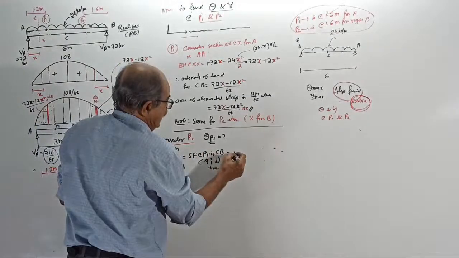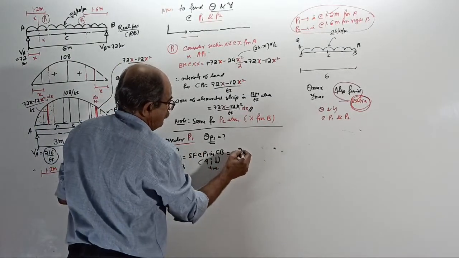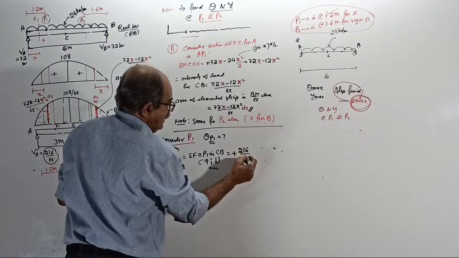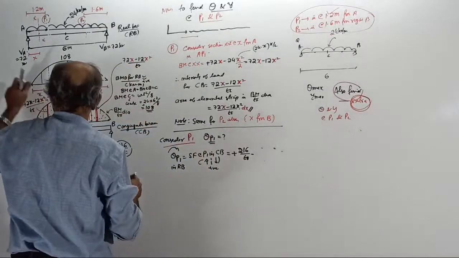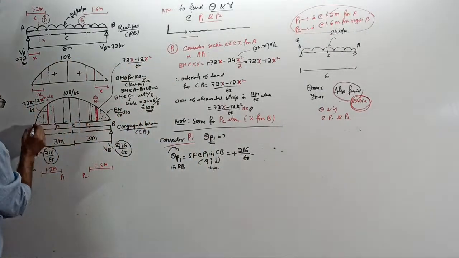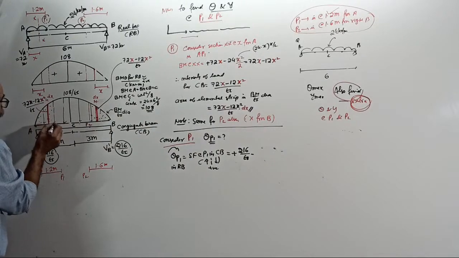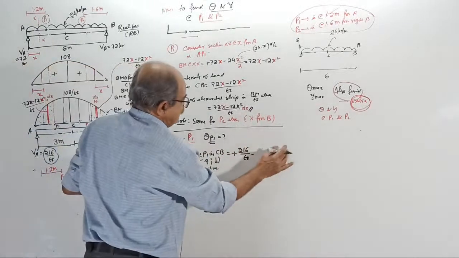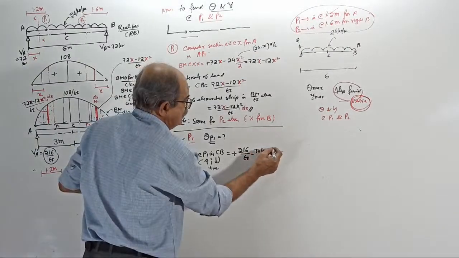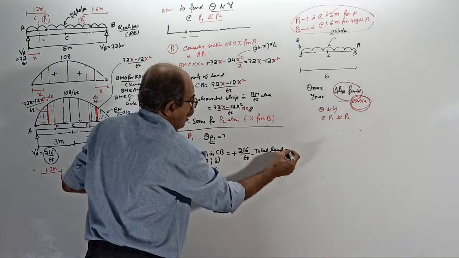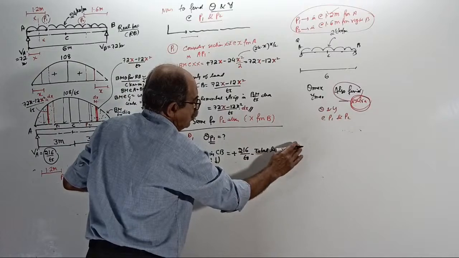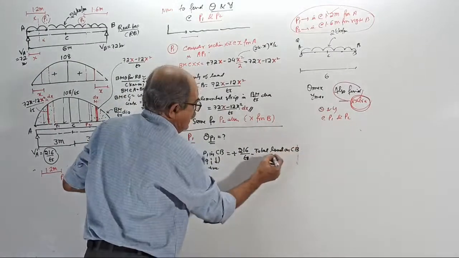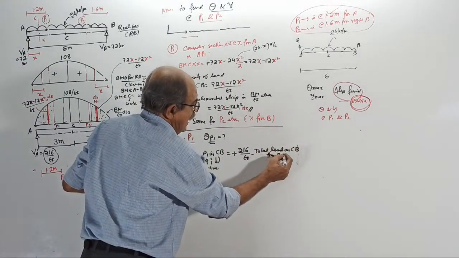Plus 216 by EI minus total load from A to P1. Correct? Minus total load on conjugate beam from A to P1.